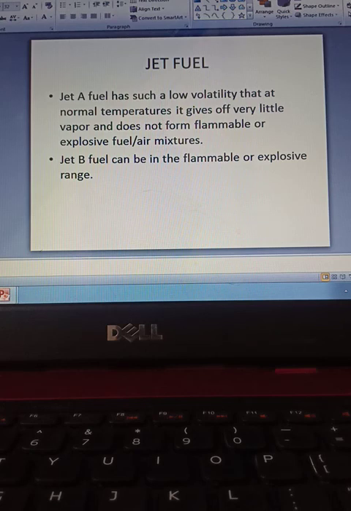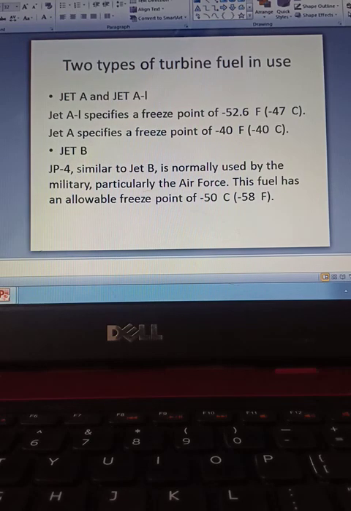It is a type that blends kerosene and gasoline. Particularly, Jet B fuel is for JP1, JP4, the type of fuel used for military aircraft or for the air force.